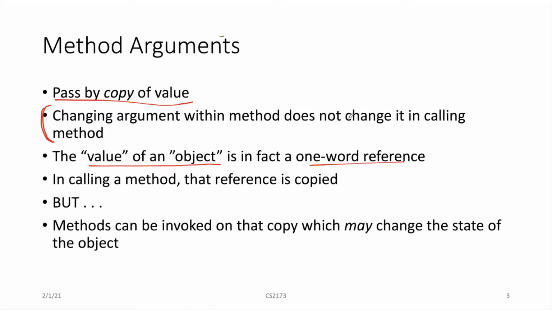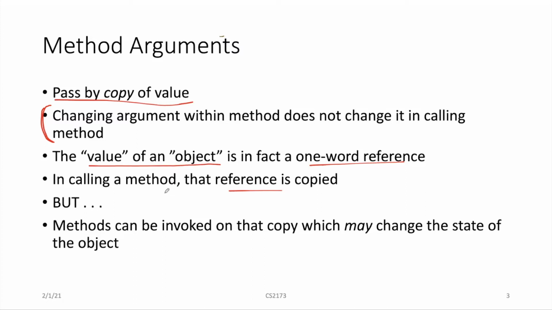Okay, so here's how we can apply this copy by value thing to that. When we call a method with an object as its argument, that reference is copied. And so inside that method, if that copy of the reference is changed, then the method that called it does not change, does not point to a different object.